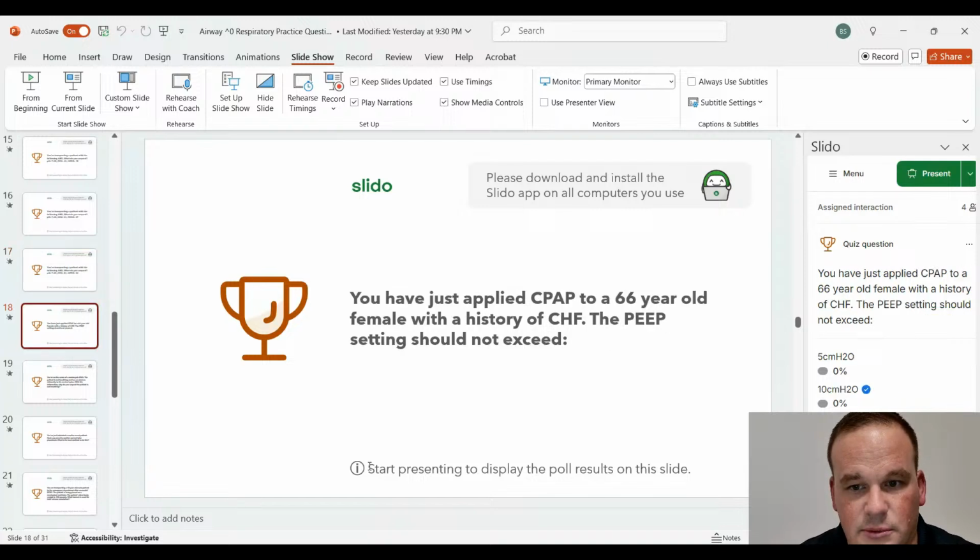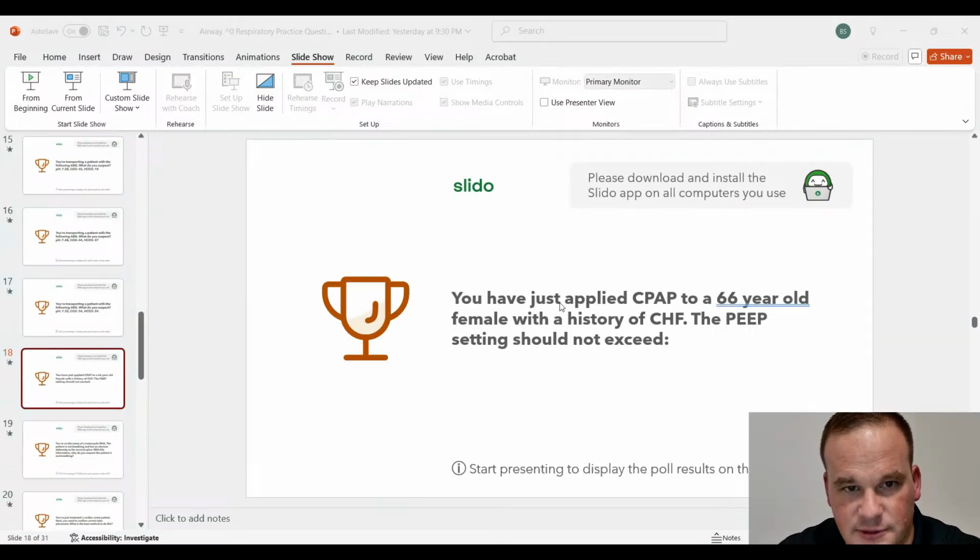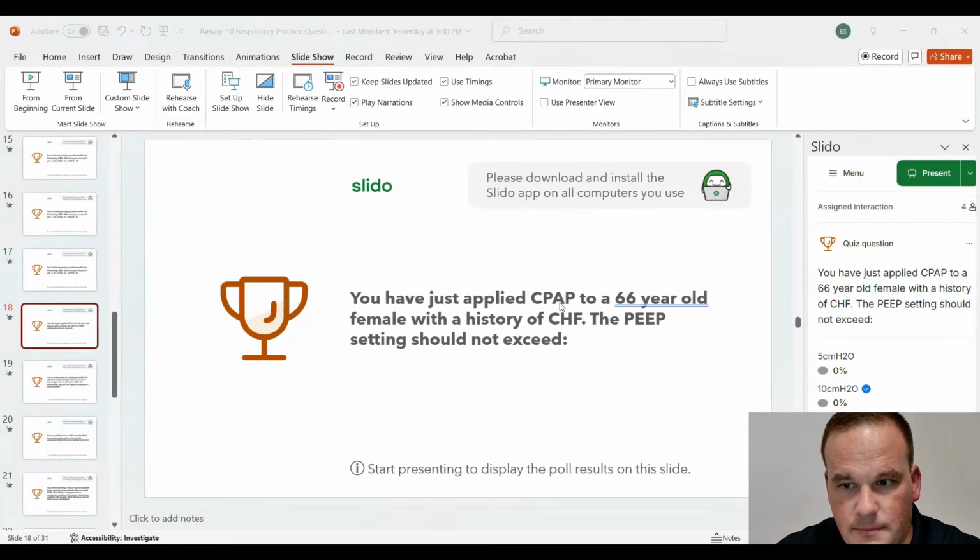We have a few minutes left, but we'll try to get through as much as we can here. So you have just applied CPAP to a 66-year-old female with a history of CHF. The PEEP setting should not exceed... I think now I'm screwing you guys up in order for me to be able to see your answers, but all right.